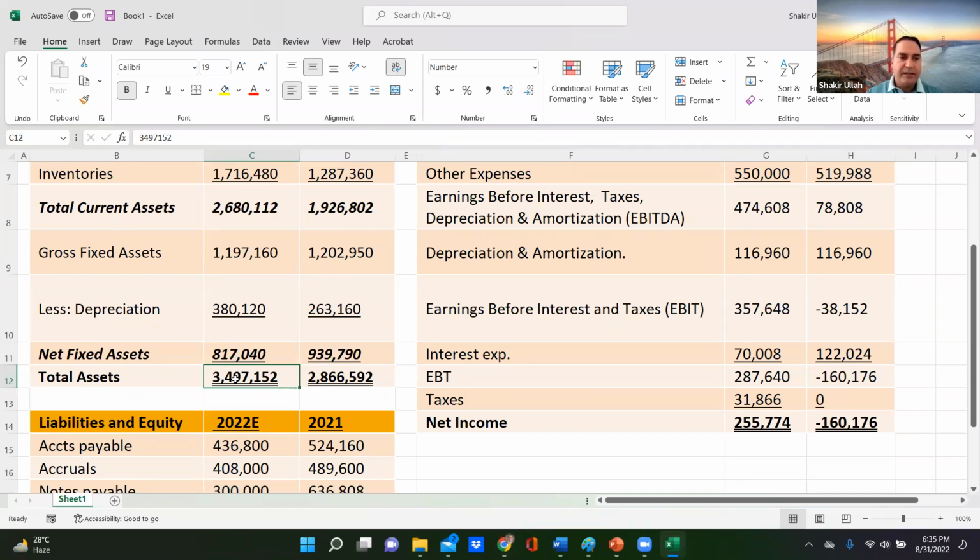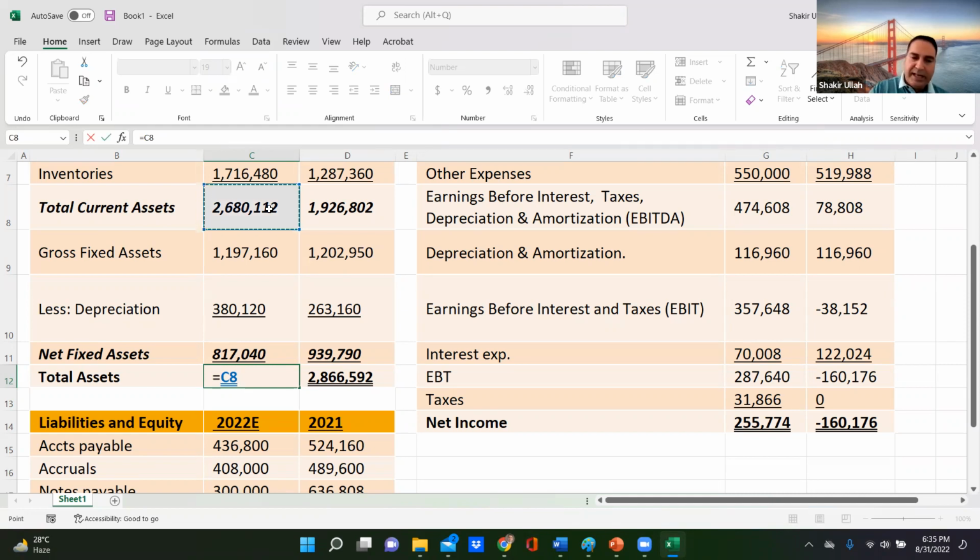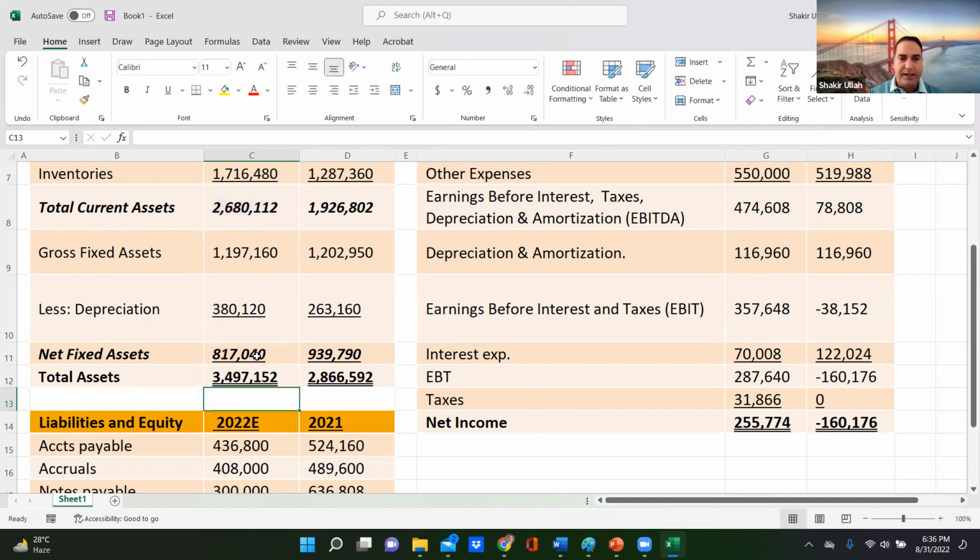In order to get the total assets, it would be equal to the total current assets, which is that number, plus the net fixed assets, which is $817,040. So we add those 2 numbers and we get the total assets.